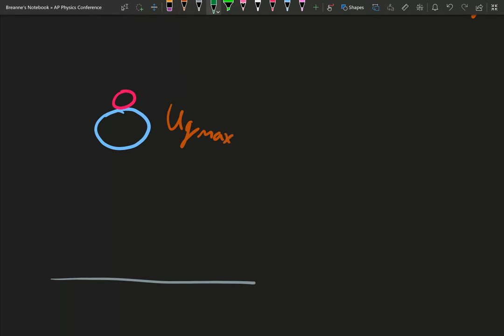As they fall, that gravitational is getting converted into kinetic. Right before they hit the ground, they're going to hit their max kinetic energy.